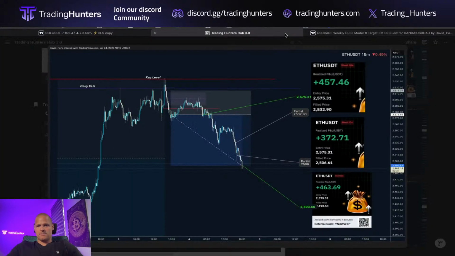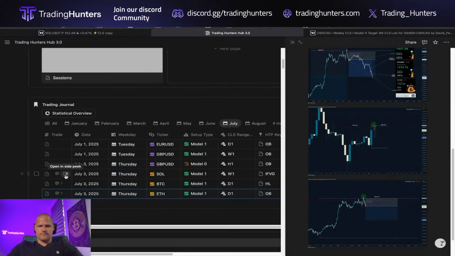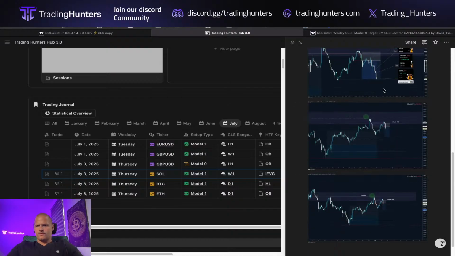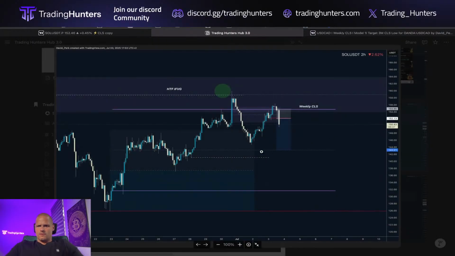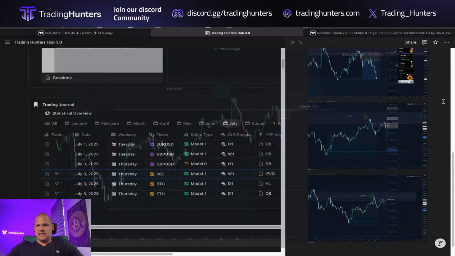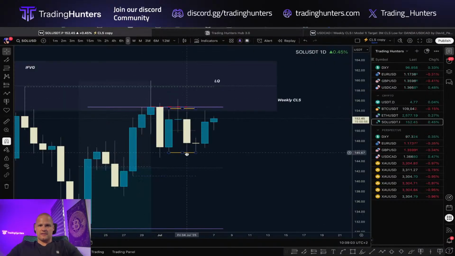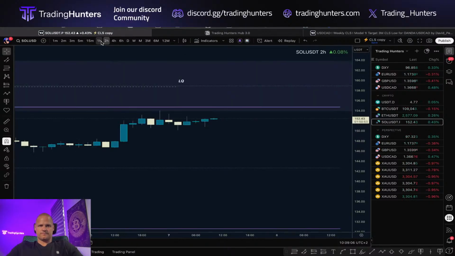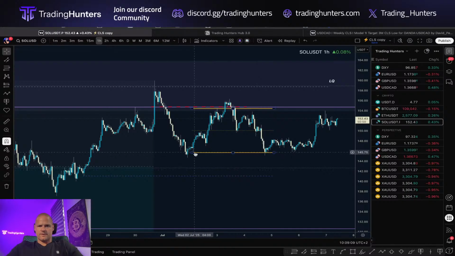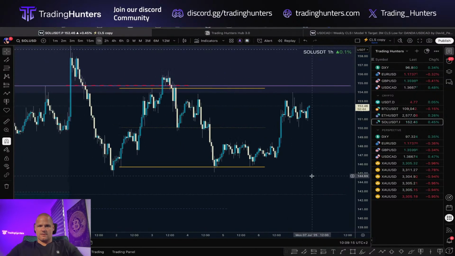So how did it play on the Solana? Right, so here was it. This is that weekly range. Weekly low was here. Then I changed that and I adjusted the target actually only into here, which is that daily range low. Took some partials on the way down, and that was here, this low.